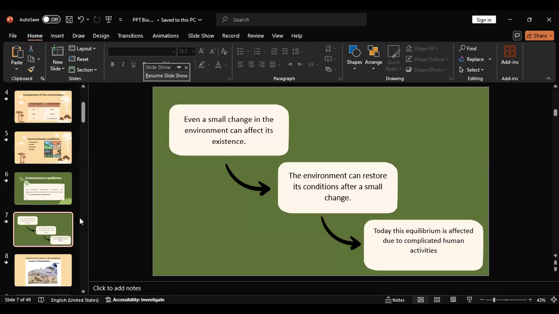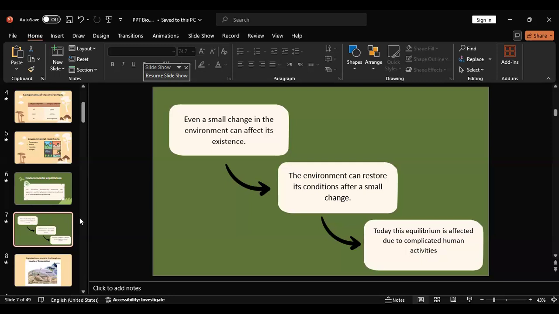So again it is restored. But nowadays there are so many complicated human activities which affect this environmental equilibrium. Normally changes happen, but the environment has the ability to restore those conditions.